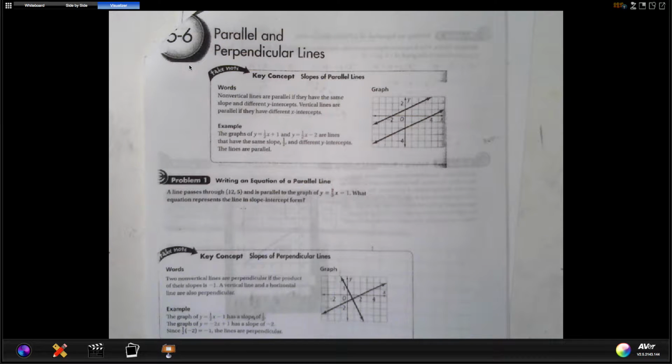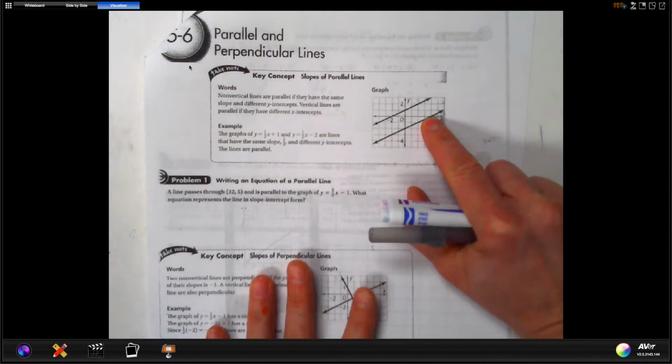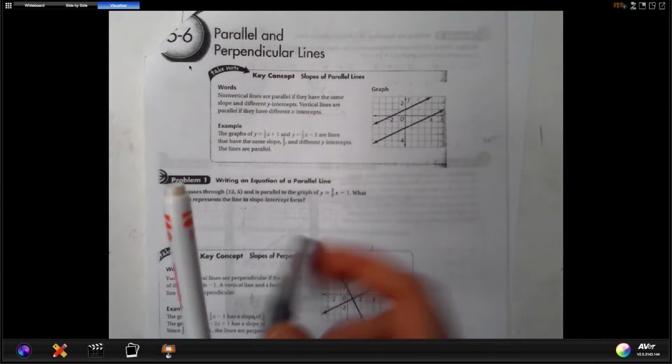If lines are parallel, do they have the same steepness? Yes, they do. So the key concept here is that slopes of parallel lines will be the same. They will have a different y-intercept, the same slope, okay?